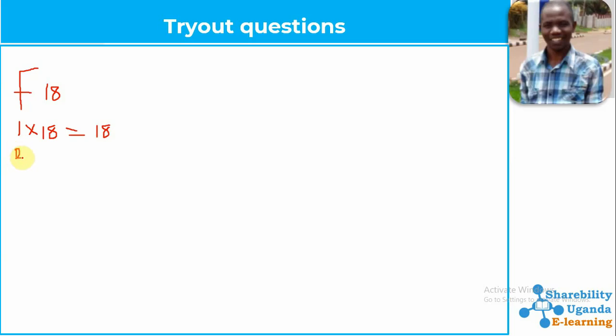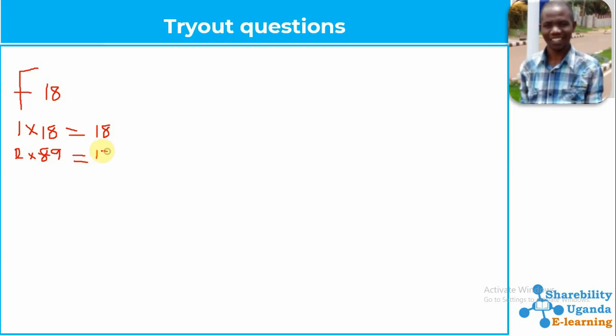Then which other number can we multiply by 2 to get 18? I think it is 9. When we multiply 9 times 2, we get 18.